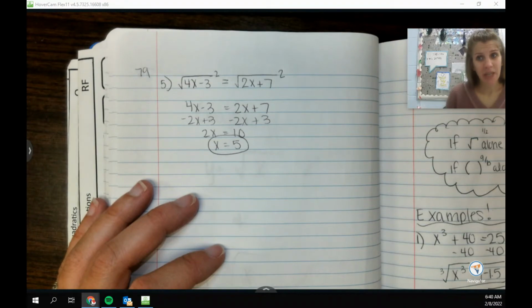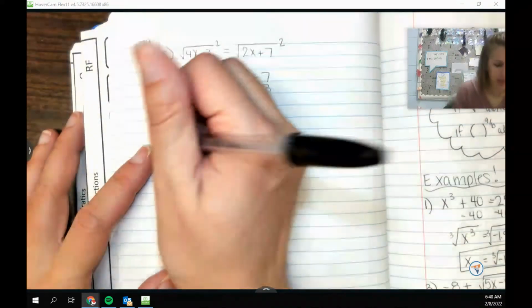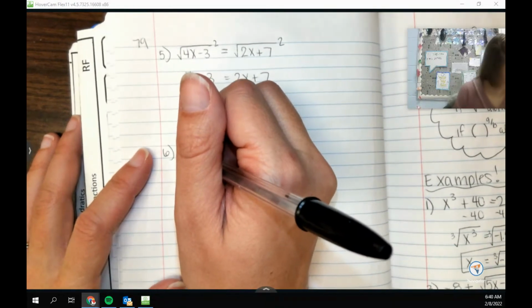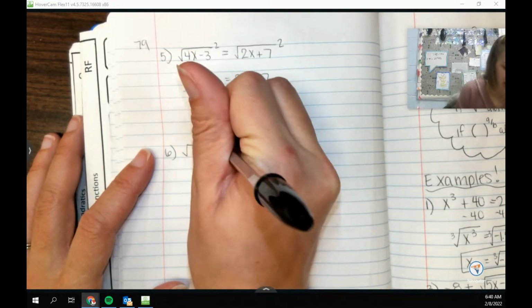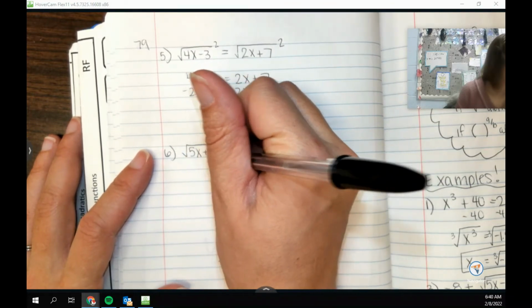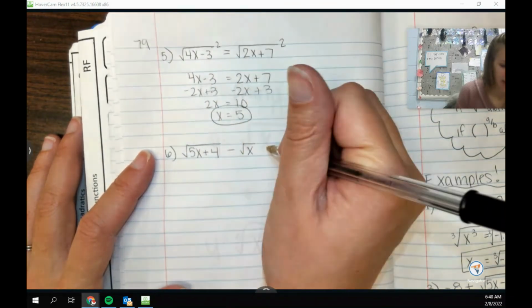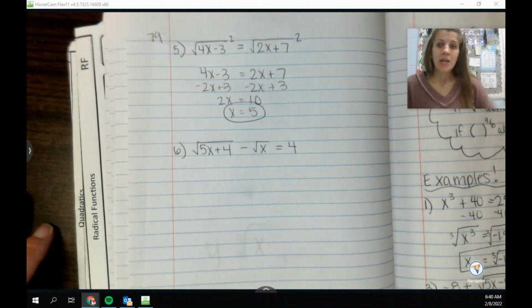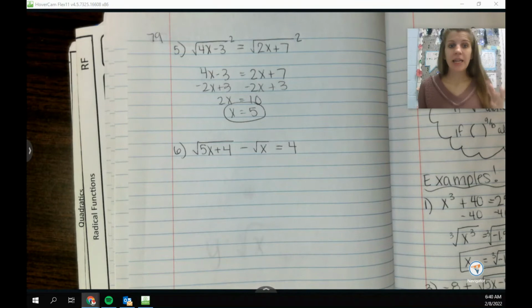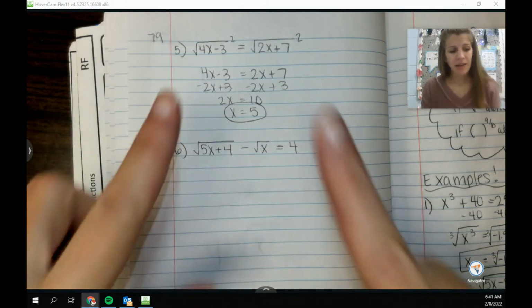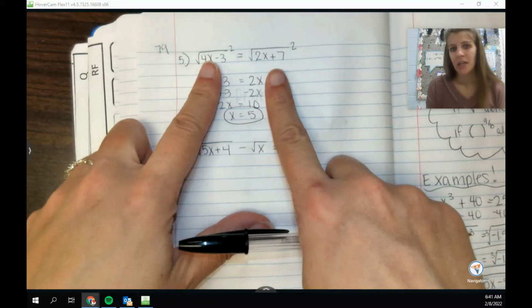Where double square roots can get a little bit trickier is if I can't fully isolate them. So if I had the square root of 5x plus 4 minus the square root of x equals 4. I'm looking at this one thinking, oh, I wish I could get one square root on one side, one square root on the other, kind of like I had here.